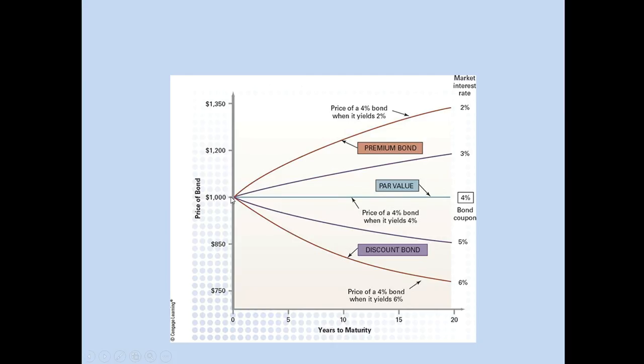So this bond has 4% coupon, and let's just consider it being 5 years to maturity. If the market rates are 6%, while I have a 4% coupon bond, then the price of my bond is going to be much lower, right? If market rates are 5%, it's going to be lower.